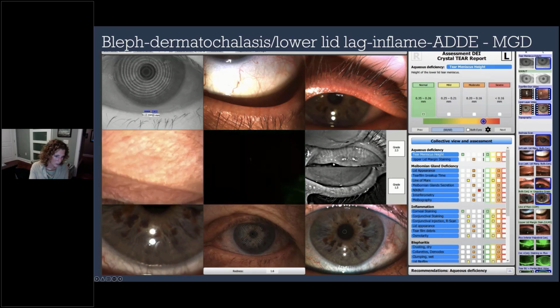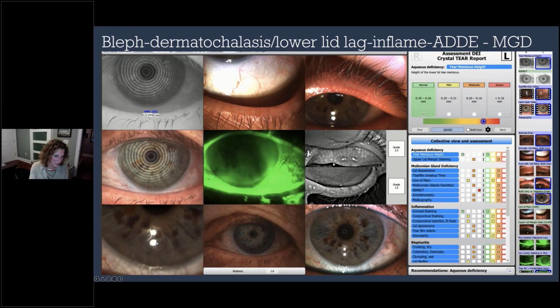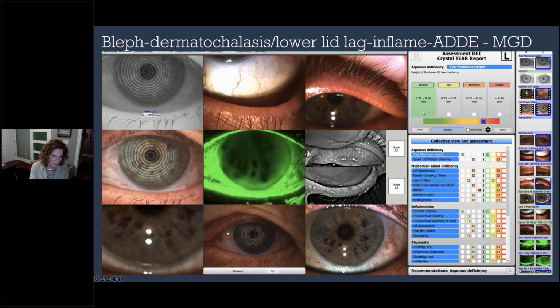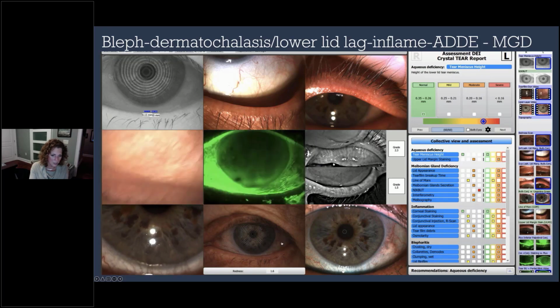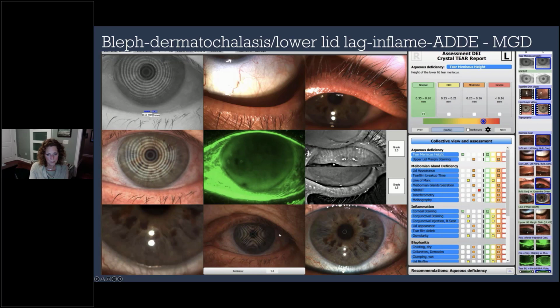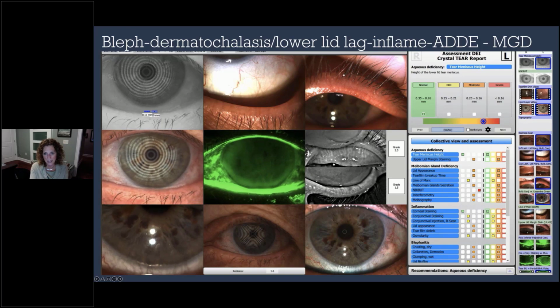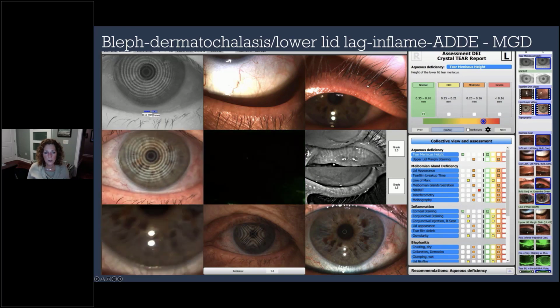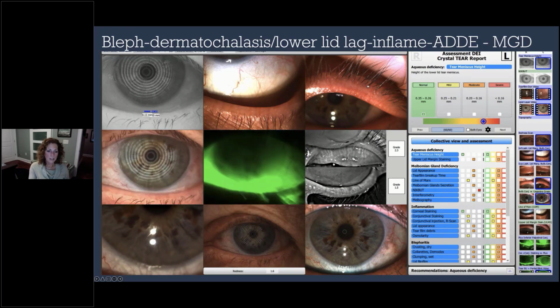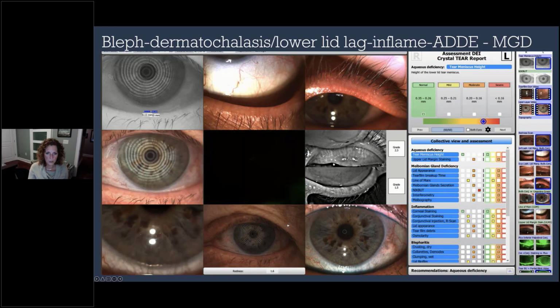Now, here you see there's a bunch of junk floating around in the tear film, and that's creating this toxic environment. It's adding to the redness. And you also see where the lid is coming over those lashes, and that's adding to this bacterial situation. So ultimately, I've got a little bit of a problem with the structure of the lid.